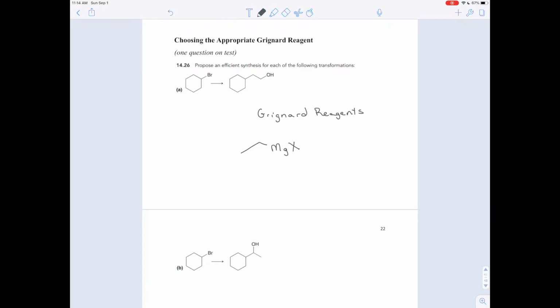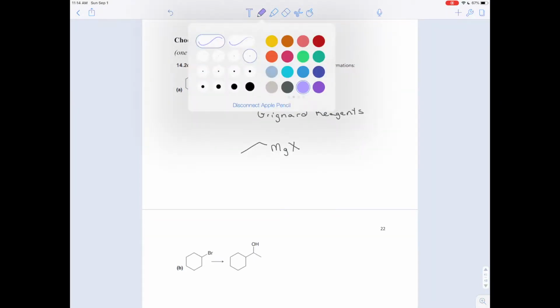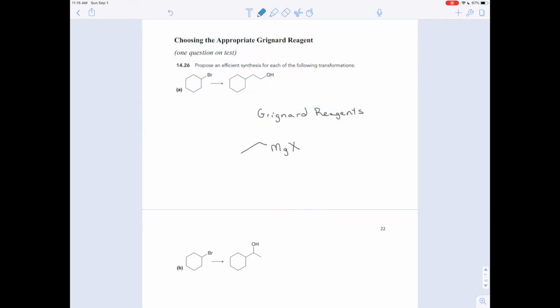And notice the trend here, which we saw a little bit with lithium aluminum hydride, is that you have a metal, and this metal has really low electronegativity. And that means that whatever it's bonded to, in this case carbon, has more electronegativity, and so it steals the electrons for itself.